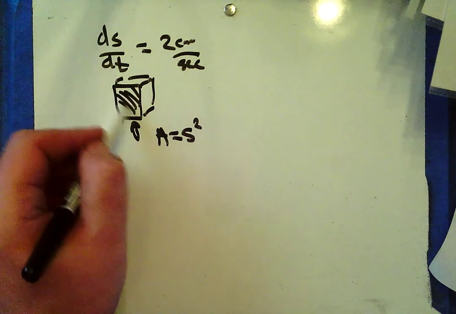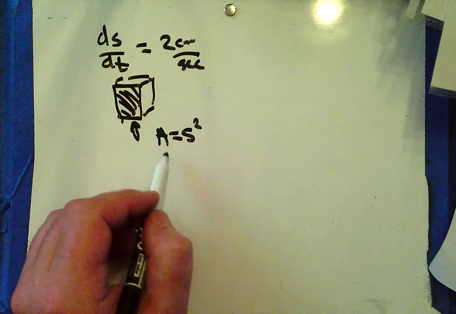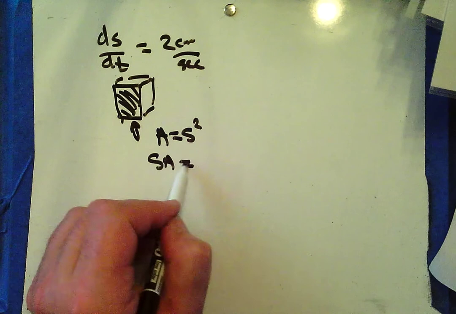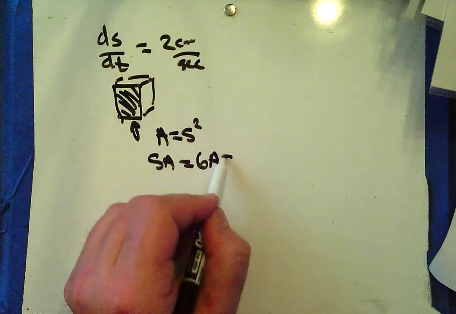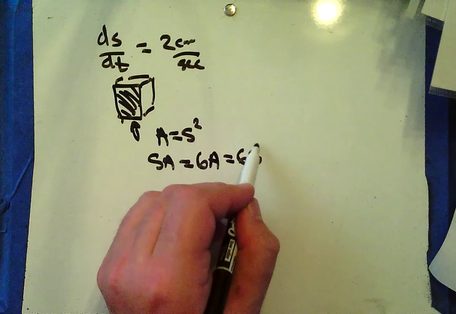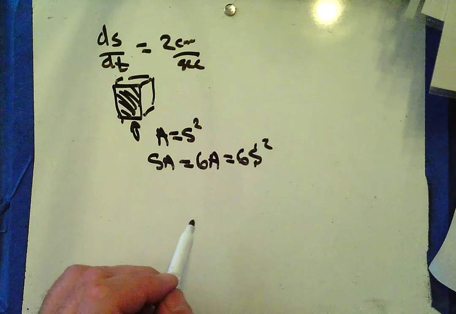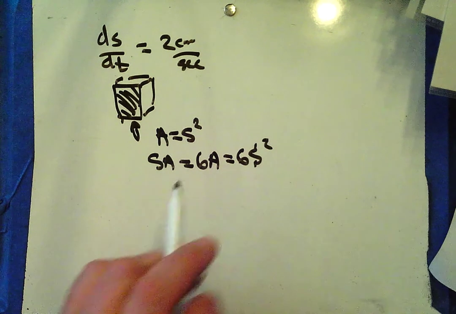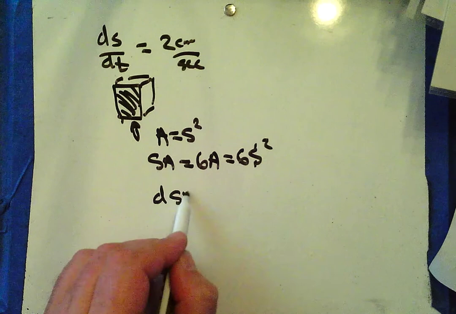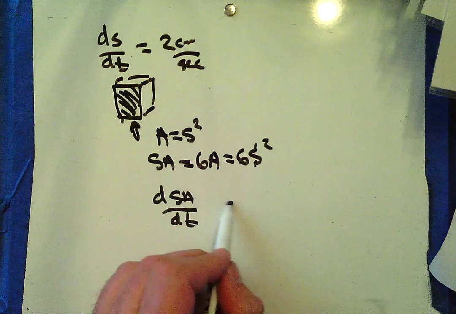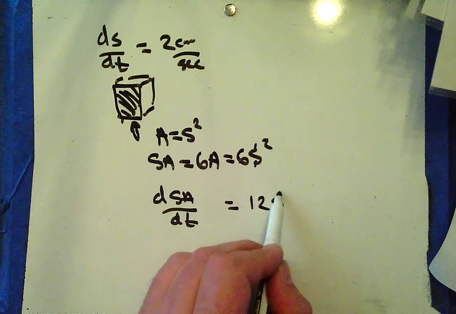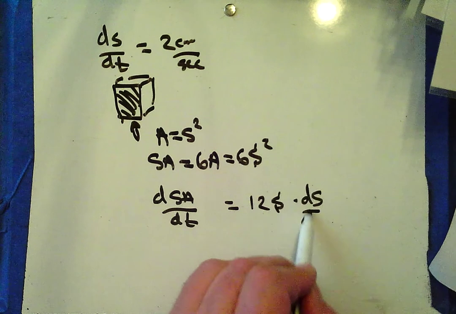And how many faces does a cube have? It has 6. So the surface area is 6 times the area of one face, or 6s squared. So if I take the derivative of both sides of this equation with respect to time, I get 12s ds dt.